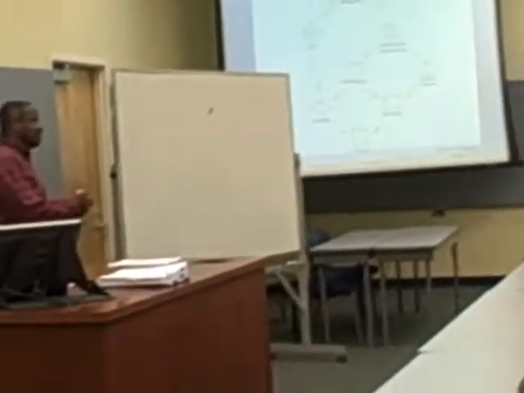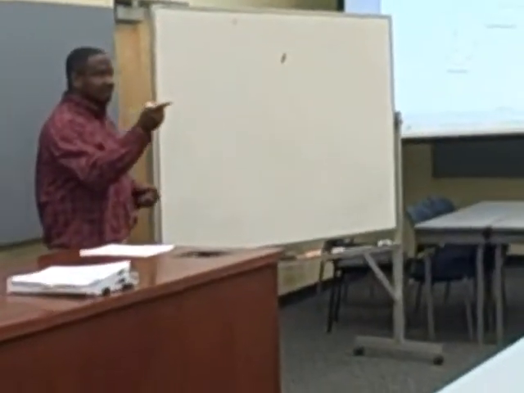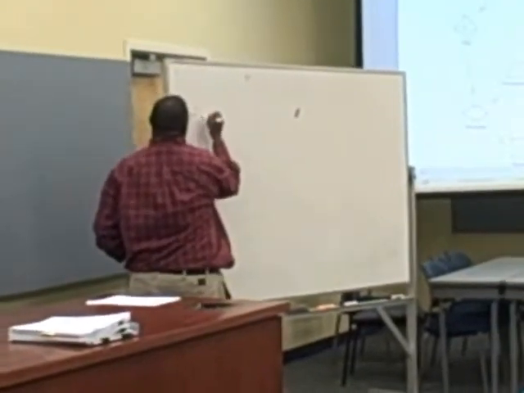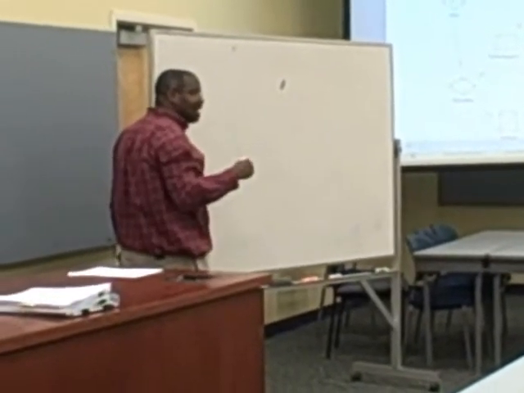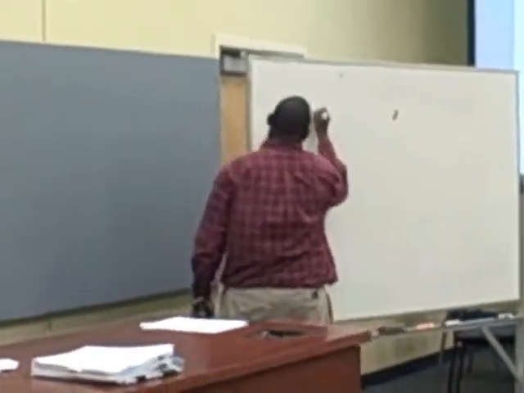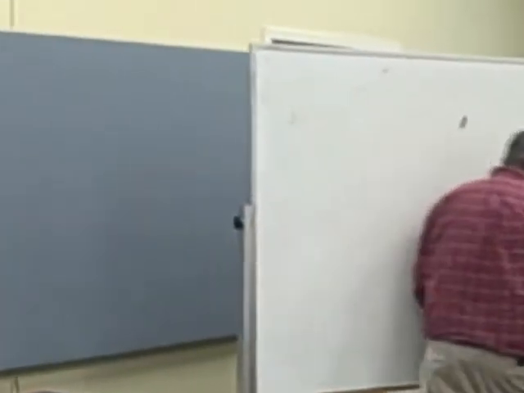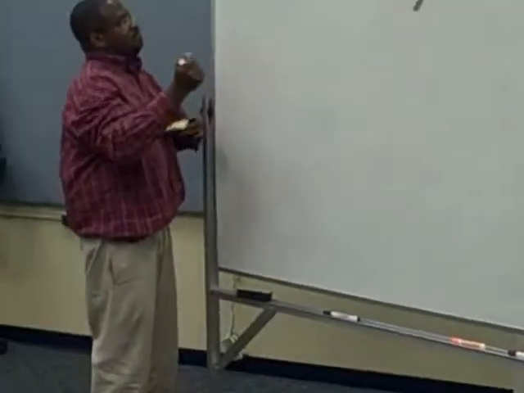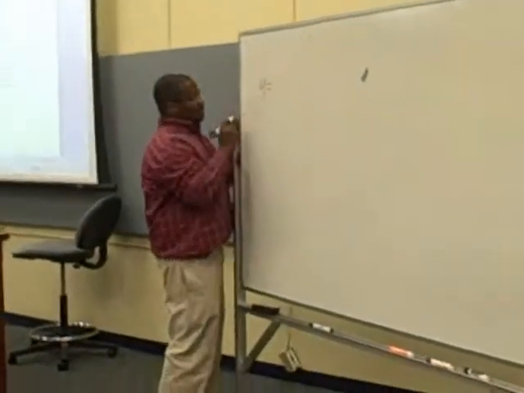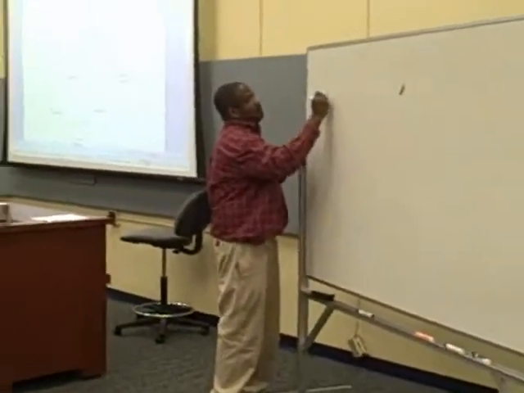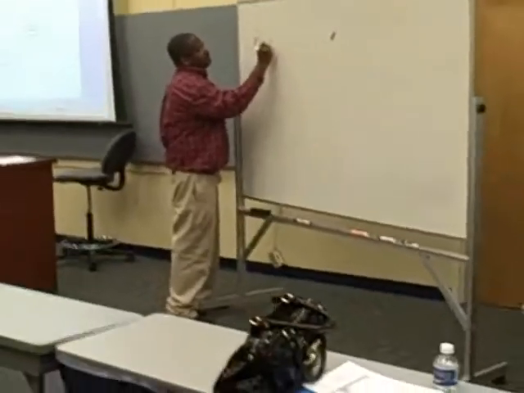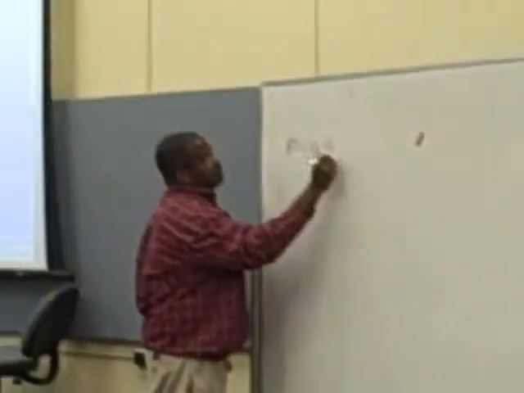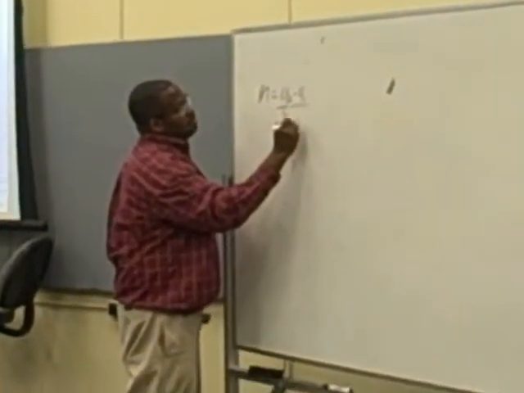Now, the next part of our lesson, we're going to talk about finding slope. We found slope earlier, but does anybody recall the formula for finding slope? M equals Y sub 2 minus Y sub 1 over X sub 2 minus X sub 1.